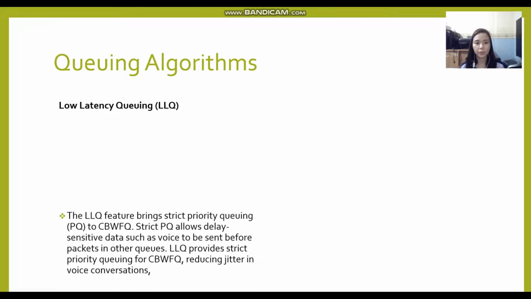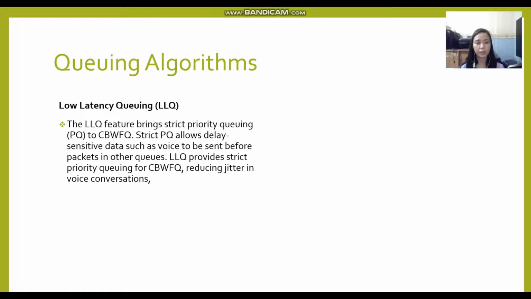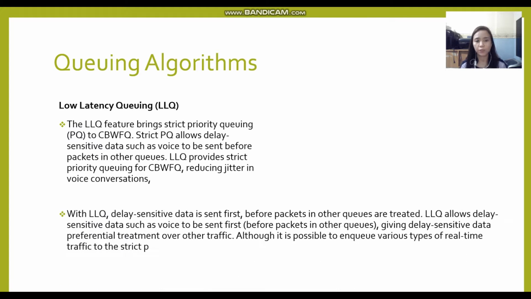Low latency queuing, or LLQ. The LLQ feature brings strict priority queuing, or PQ, to CBWFQ. Strict PQ allows delay-sensitive data such as voice to be sent before the packets in other queues. LLQ provides strict priority queuing for CBWFQ, reducing jitter in the voice conversation.